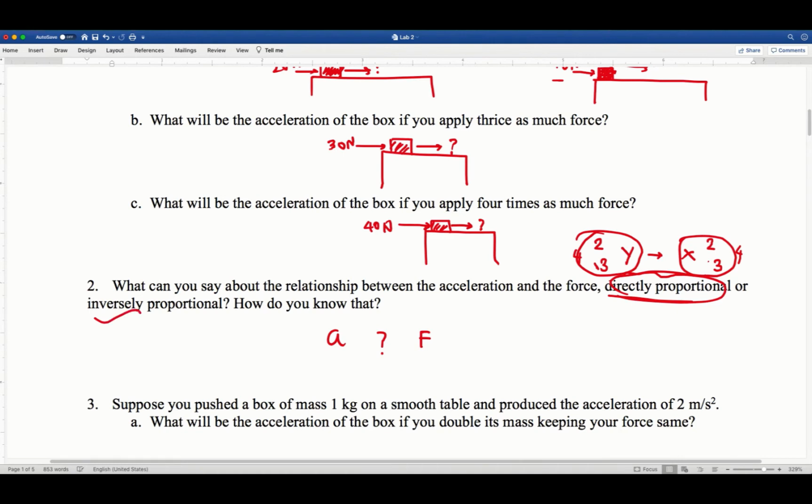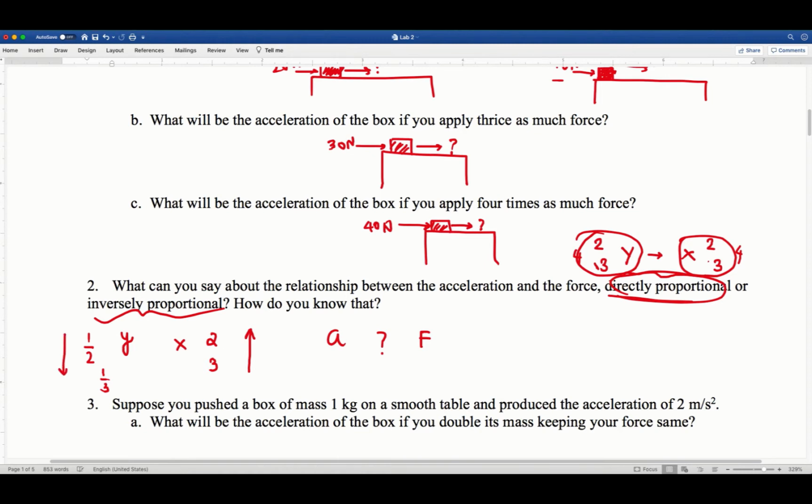Inverse relationship is the relationship between two variables y and x, such that if you double x, y would be reduced to 1/2. If you triple x, y would be reduced to 1/3 its value. Which means if you increase x at some proportion, y would be decreased at the same proportion.